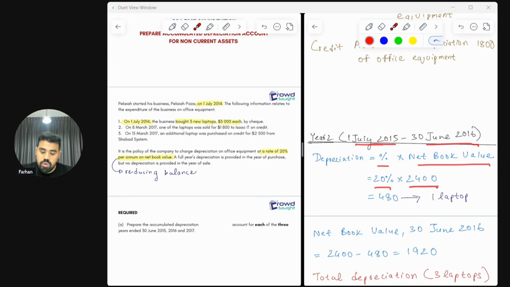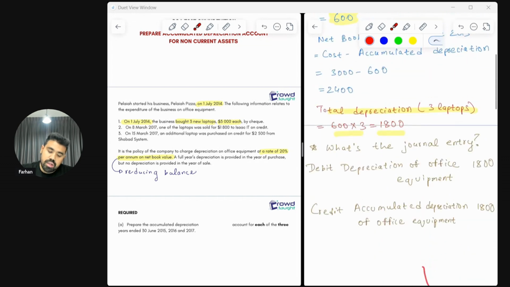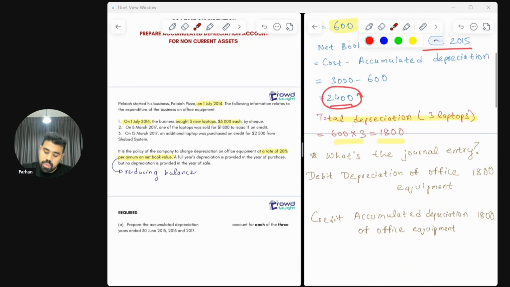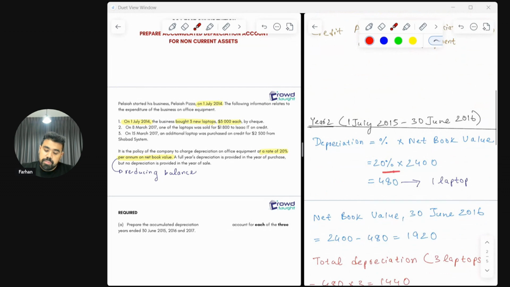How do we know it's $2,400? This is what we had calculated, the net book value for one laptop at the end of 30 June 2015, or at the end of year 1, which was $2,400. As you can see, I'm just circling. Now, 20% multiplied with $2,400 gives us $480 as the depreciation for year 2, and that's for one laptop, okay?